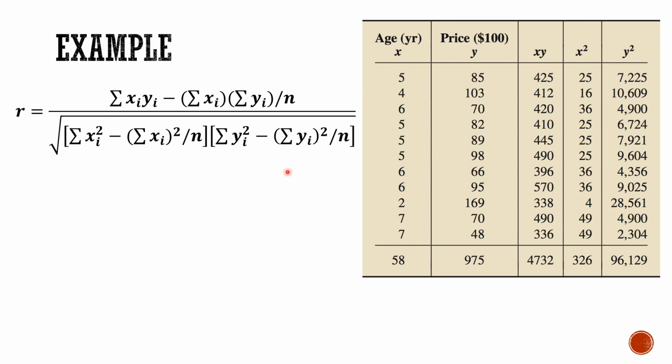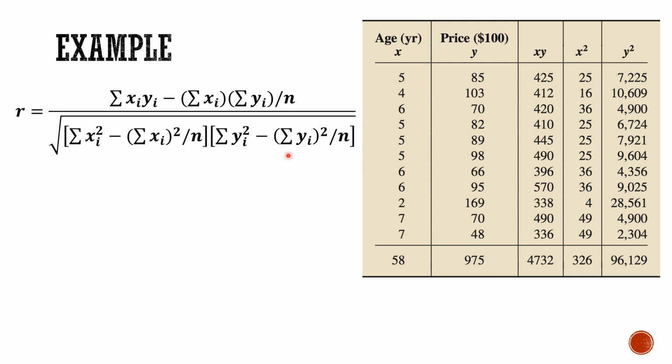And then in the denominator, we first have sigma x squared minus sigma x, whole squared, divided by n. This is the computing formula for standard deviations. You should be familiar with this from the chapter on standard deviations.